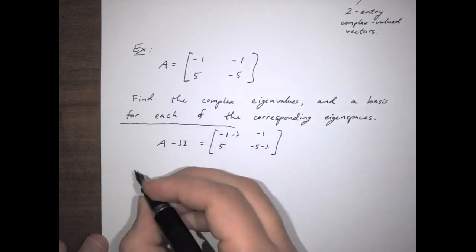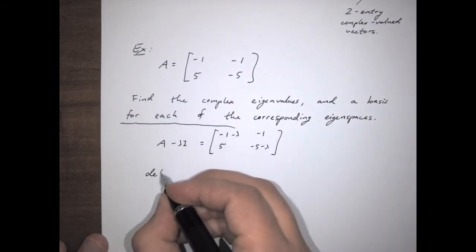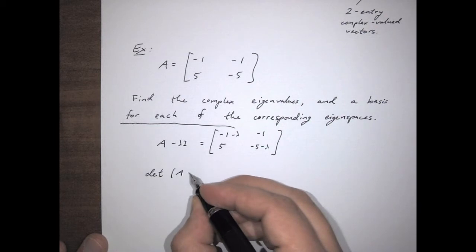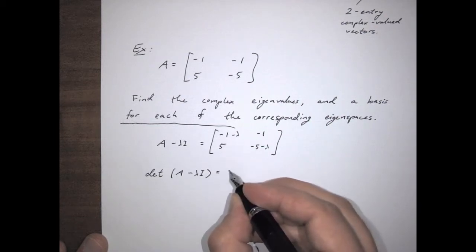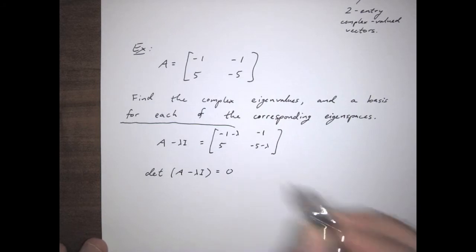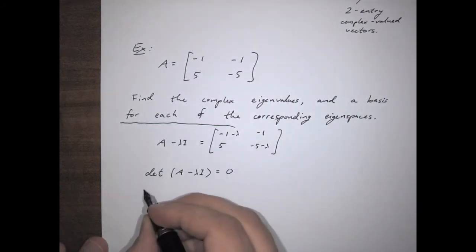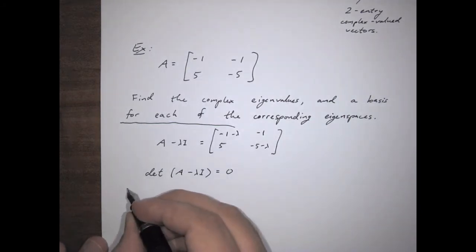But then it is the determinant of this that we are after. And we have to set that equal to 0. That is now the characteristic equation. And we will just see where this leads us.